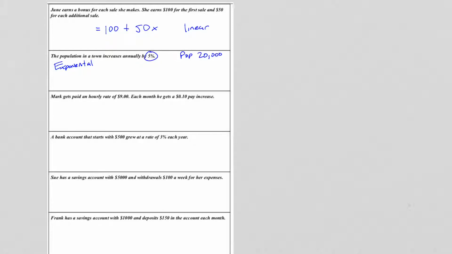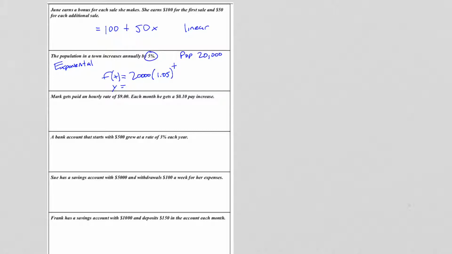And if it's increasing at a rate of 5%, that's going to be 20,000 times 1.05 to the t power. When we graph it, instead of f of t, you're going to have to write y equals. And that t will have to be an x for the Desmos program.